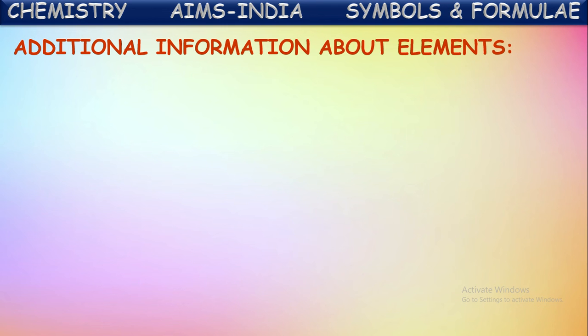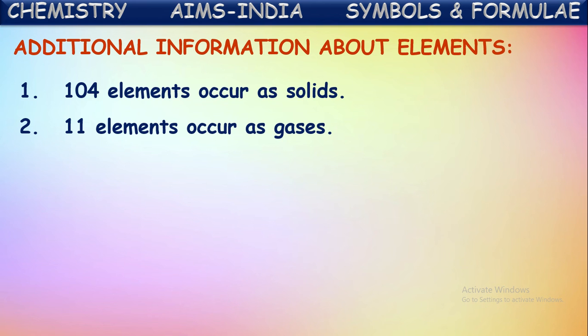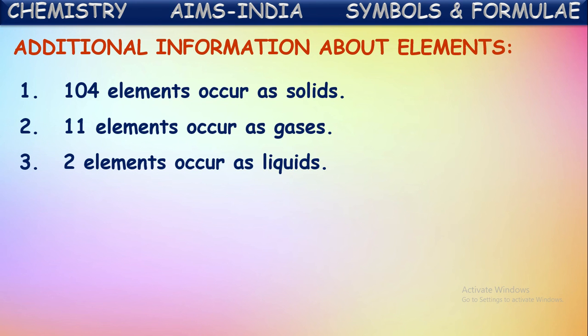Let us see some more information about the elements. We know till now scientists have discovered 118 elements so far. Out of these 118 elements, 104 elements occur as solids, 11 elements exist as gases, and two elements exist in the liquid state.